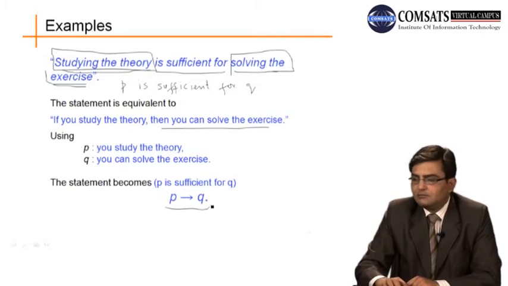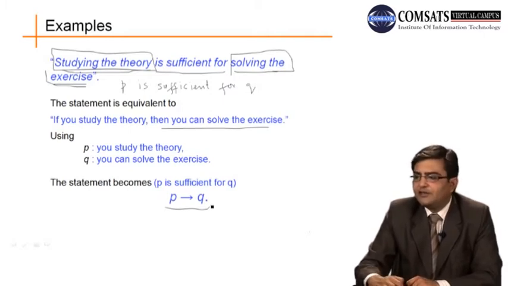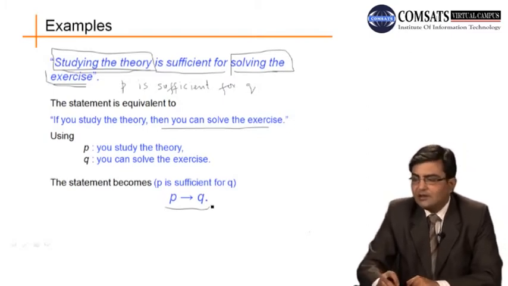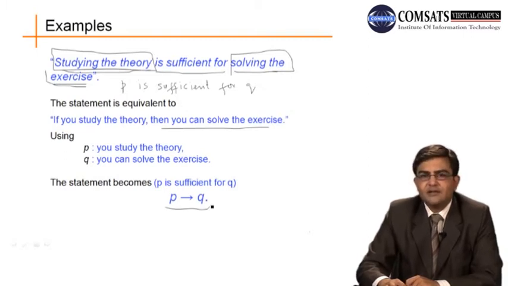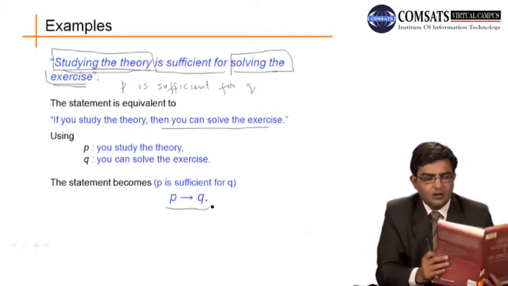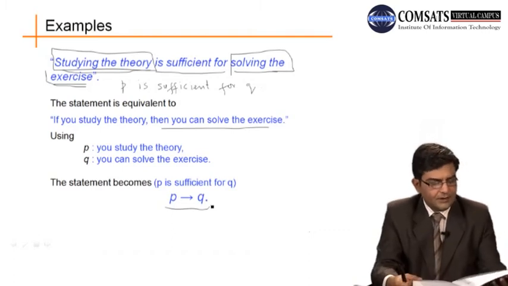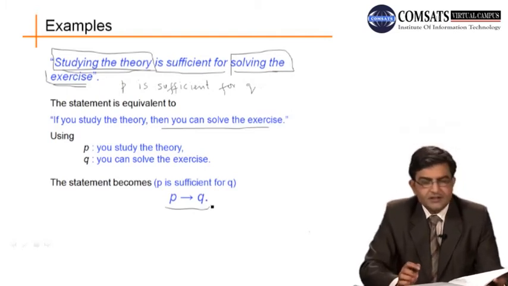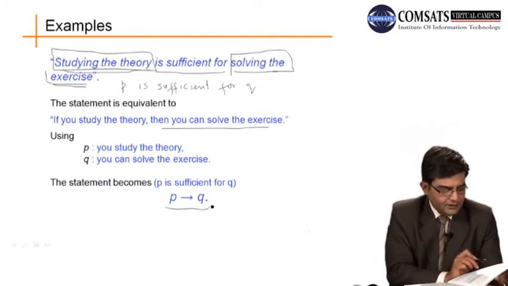So there are many other forms of the conditional statements. For example, you can consult the book of Discrete Mathematics written by Kenneth Rosen, where several forms of conditional statements are given on page 6.